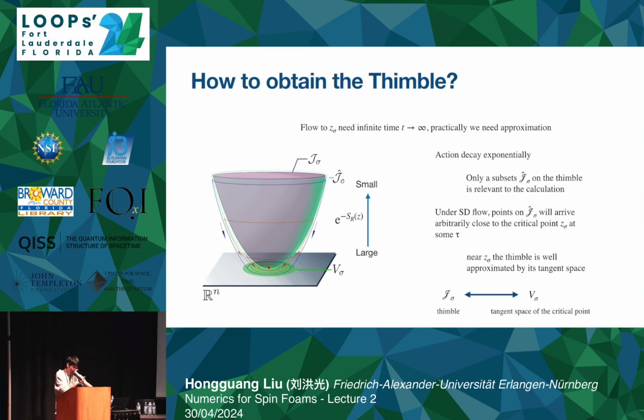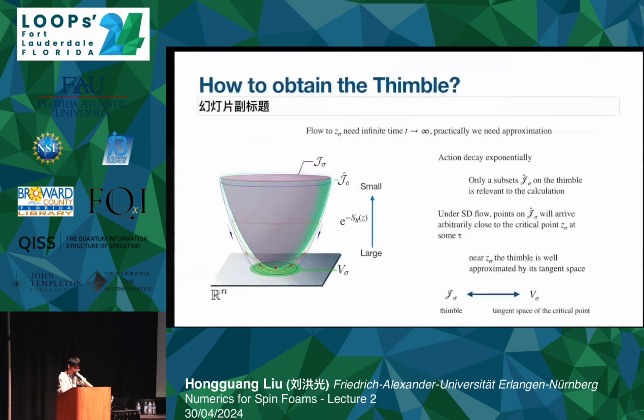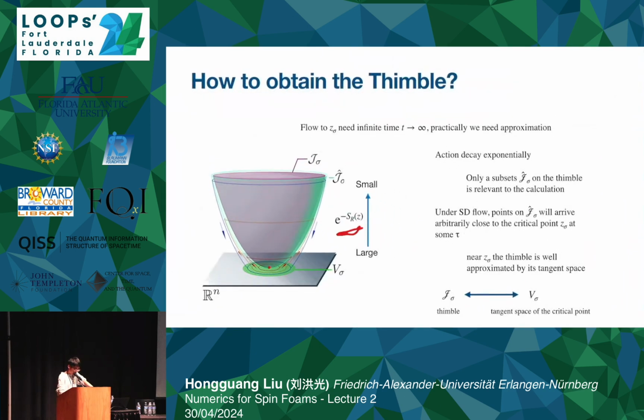So when we do numerics, we need approximations. The approximations are given as follows. First, since we have an exponentially decaying integrand, when S_R is really large, the exponential is really, really small, so we don't need to consider it.